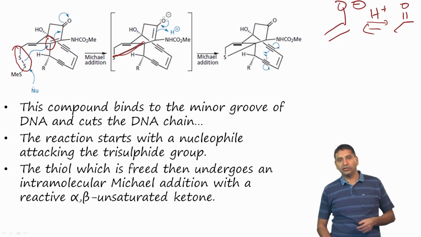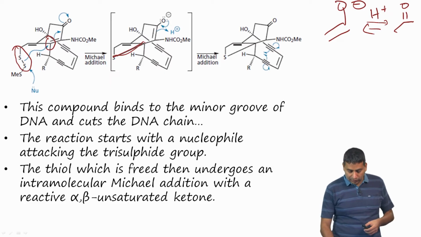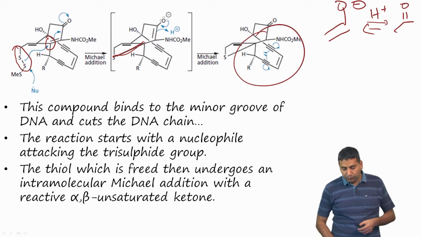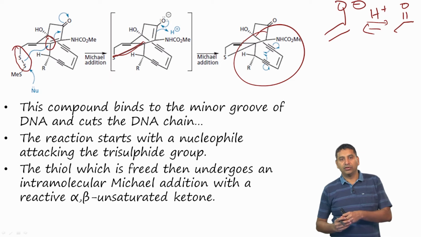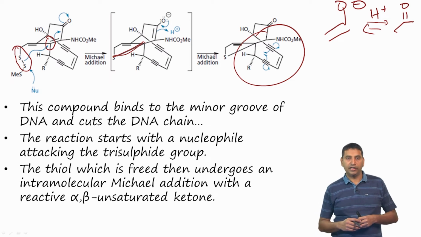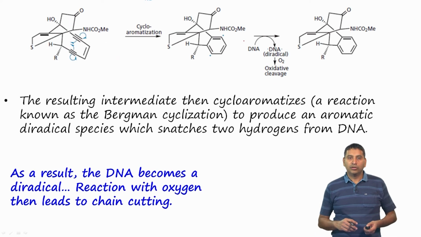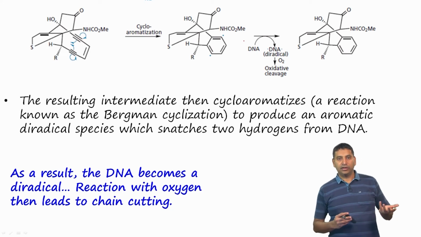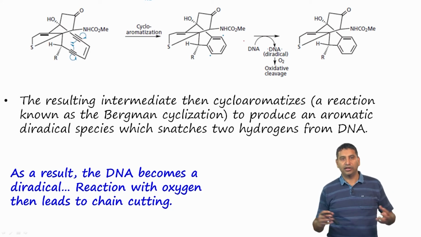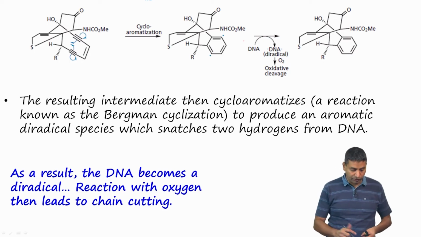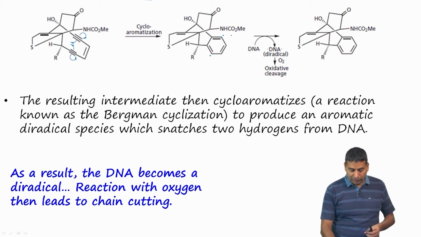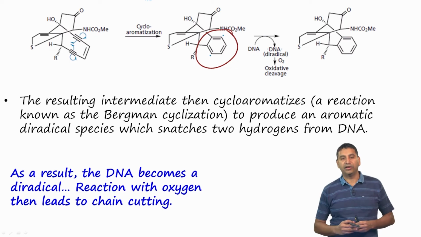Once it tautomerizes, it forms this fairly interesting molecule, which then undergoes what is known as a Bergman cyclization reaction. In a Bergman cyclization, it undergoes a rearrangement as shown here, and forms a diradical on a benzene ring.